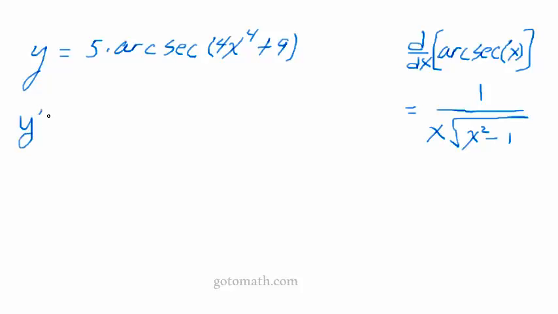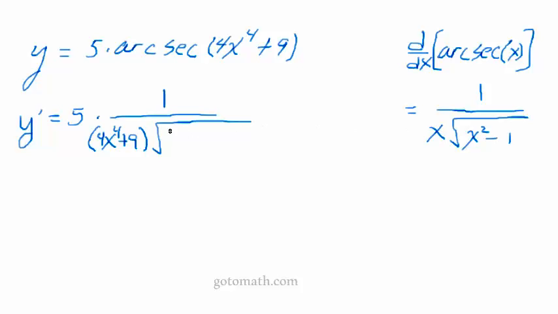So we have y prime is equal to, I'm going to rewrite this 5. And of course, the derivative of arc secant is all of this, so let's leave some room here. 1 over x, whatever's in the parentheses right here, which is all of this, gets substituted in: 4x to the fourth plus 9. I promised myself I would try to write neater.